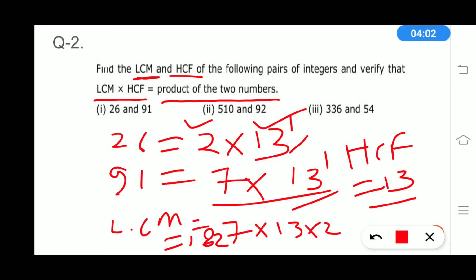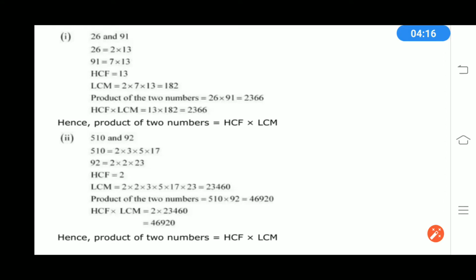After that we verify that LCM into HCF equals the product of the two numbers. Is it correct or not? So now see the answer. 26 equals 2 into 13 and 91 equals 7 into 13. HCF is 13 and LCM is 182.